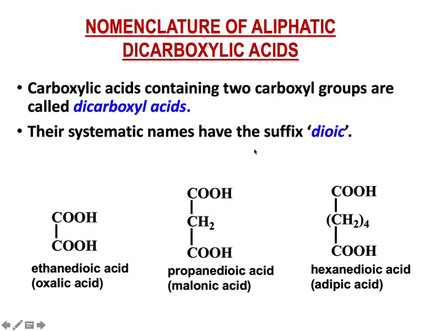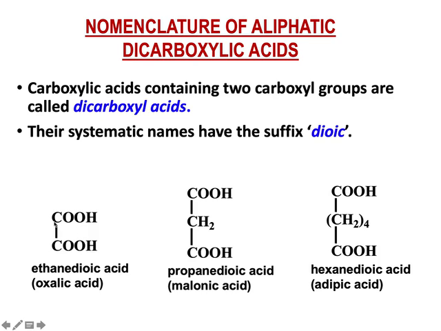If there are two carboxylic acid groups, we give the suffix di. If there are three, the suffix becomes tri, and so on. Here are examples of carboxylic acids containing a suffix number.